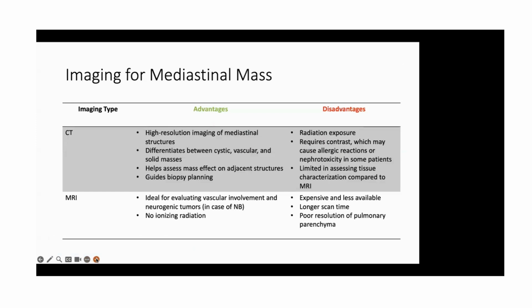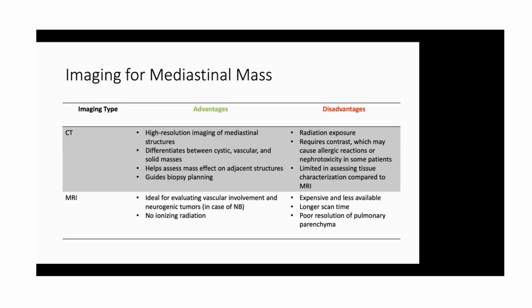So we have talked about CT, and now it's the turn for MRI. It's a very important technique for vascular involvement for neurogenic tumors, as I mentioned before, especially for neuroblastoma, and it has no radiation. However, it's expensive, and I have to say in many LMICs, and not only in LMICs, it's very difficult to obtain these tests.